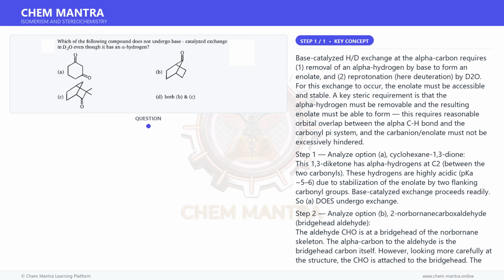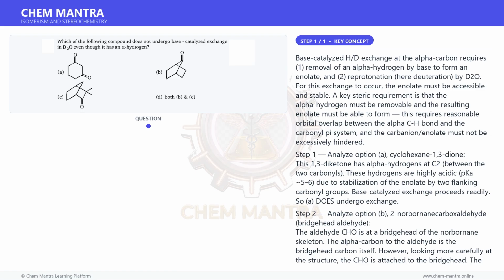In norbornene systems, the alpha hydrogens on the endo positions can still be abstracted. This compound can undergo base-catalyzed exchange because the alpha hydrogens on C1 or C3 adjacent carbons are accessible and the enolate can form. So, B does undergo exchange. It is not the answer by itself.